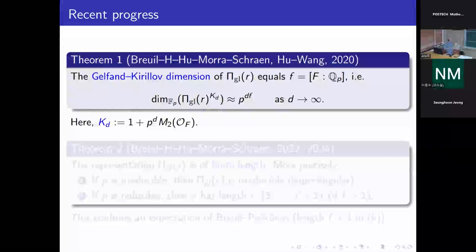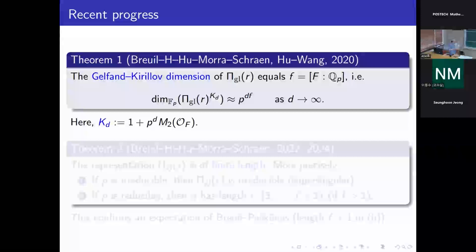It's defined in this very complicated way using a tower of algebraic curves and a global Galois representation. So it's really not easy to understand this in more concrete ways. Like we cannot easily do computer calculations. We cannot easily write down elements in it. But what we showed was the Gelfand-Kirillov dimension is equal to the field degree of F over Q_p.